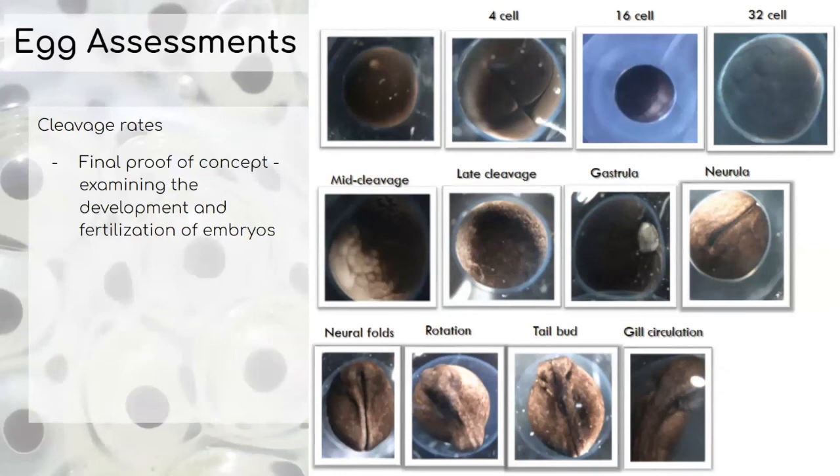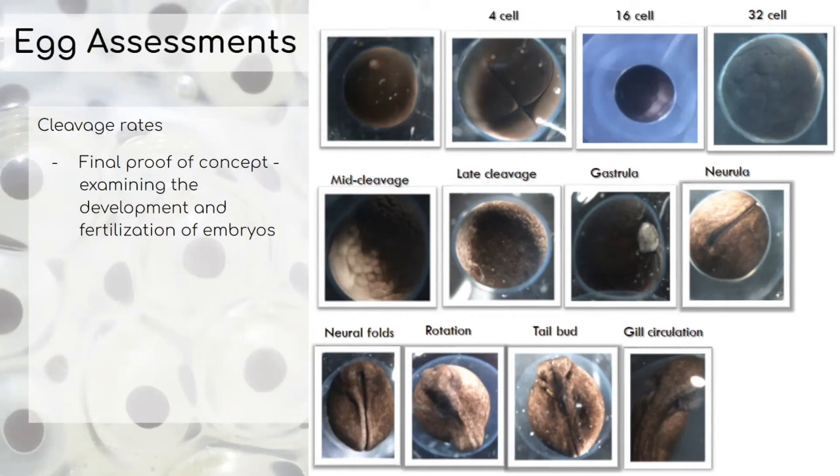And then as a final proof of concept for both egg and sperm assessments would be to take any sort of fertilization data. So examining when your eggs cleave and if they are arrested in development at any particular stage, or whether they are developing at all after they are laid.